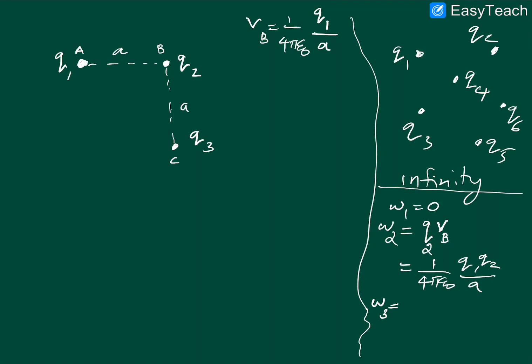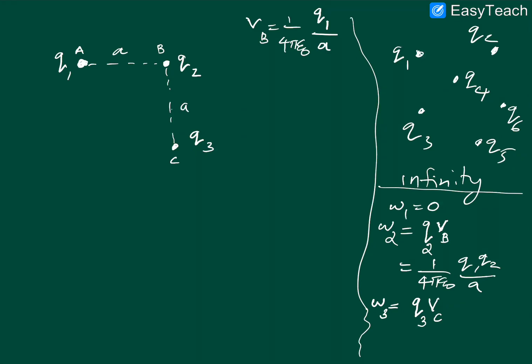Okay, so here again it is QV, which is the charge you are moving, Q3, and V. What is V here? You are finding the potential at C, and it is exerted by both the charges.